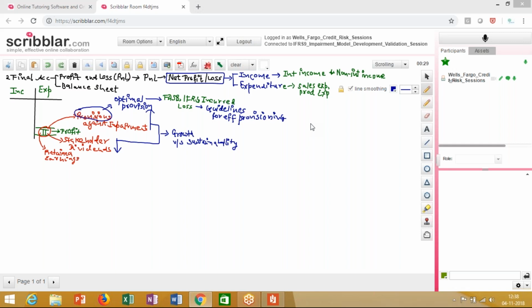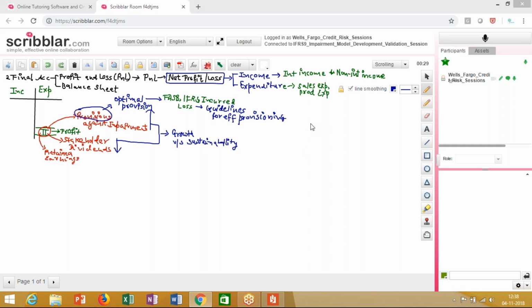You cannot compare Basel and IFRS 9, first of all, because IFRS 9 is very specifically a provisioning requirement, right? Whereas Basel is a framework which ensures that the bank is adequately capitalized.